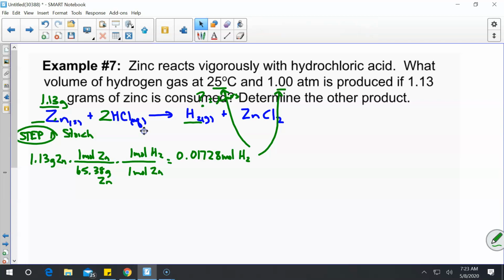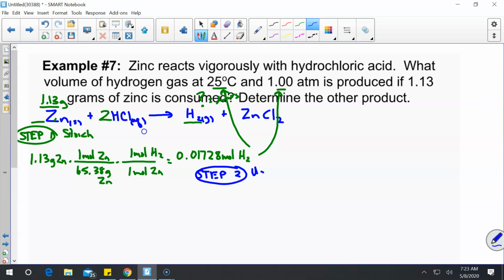Notice they put conditions there of what I want to collect my gas at. So step 2 is going to be, I'm going to use this equation, because this equation is for gases, because it's the ideal gas law. And now I know this mole value here, and look at, I have my conditions.